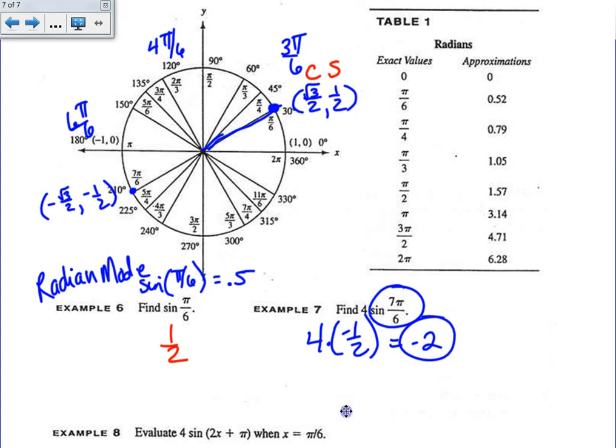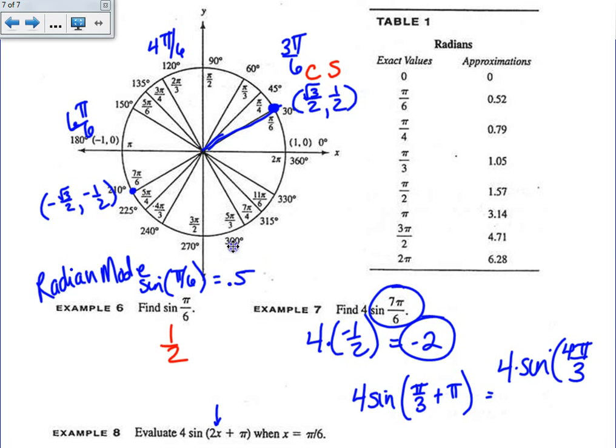And in example 8 at the bottom, they want us to plug in pi over 6 for the x. So 2 times pi over 6 would actually be pi over 3 plus another pi. So 1/3 pi plus 1 pi is 4 pi over 3. So this is really 4 times sine of 4 pi over 3.